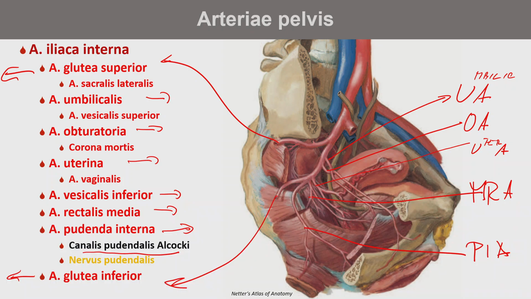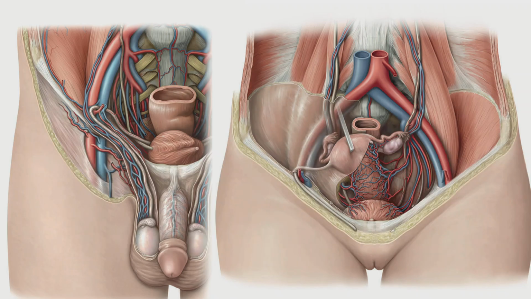Perineal muscles, including the striated sphincters of rectum and urethra. So this is the way they are supplied by arterial blood and also by the nervous system. So motor here, somatomotor innervation.